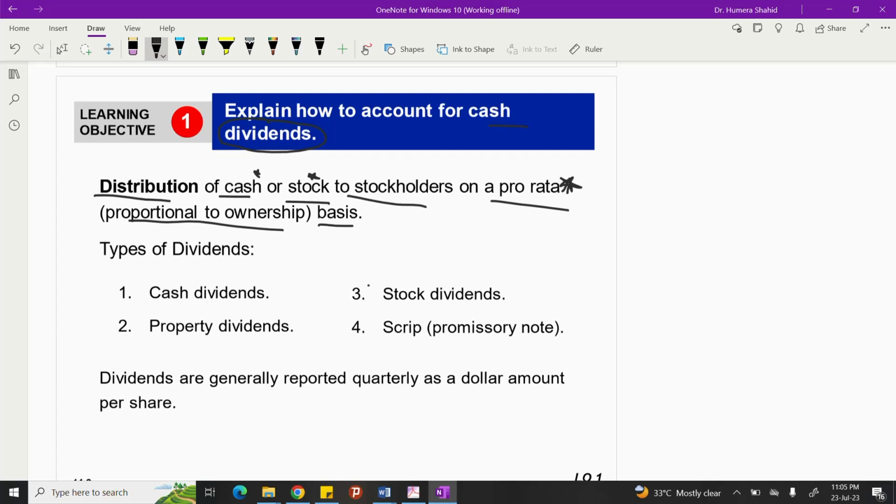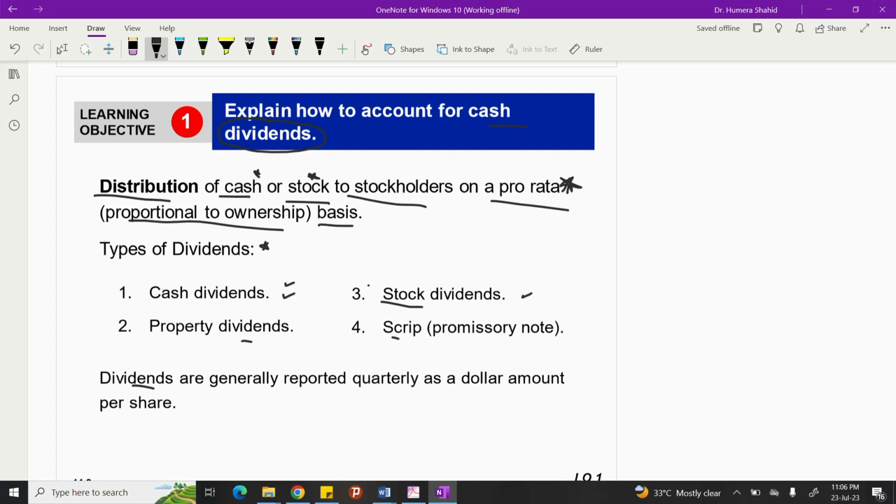Dividends are basically of four categories. In financial accounting, we discuss the first two categories of the dividends, followed by the discussion of splits with the stock dividend. The other two categories of the dividends are the content of intermediate accounting. So, what is cash dividend? Cash dividend is the distribution of cash to the stockholders on a pro rata basis.